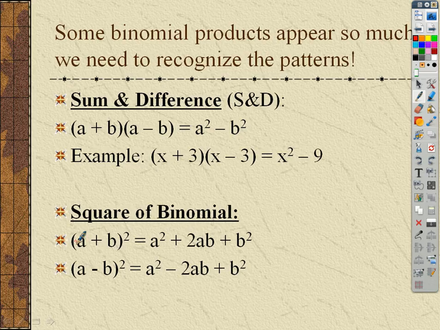When we FOIL it out, that's always going to be the pattern that we get. And so it's quicker and easier now to start just knowing a few of these patterns that we see repeatedly, rather than having to go through the hassle of FOILing it out each time. It's quicker just to know that.